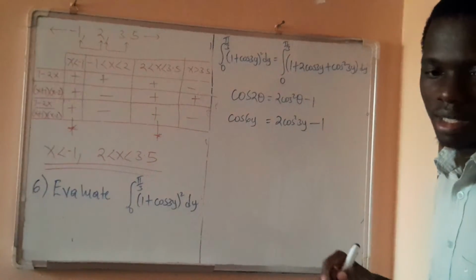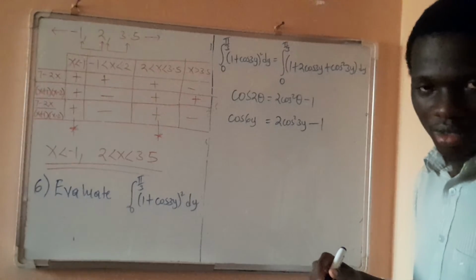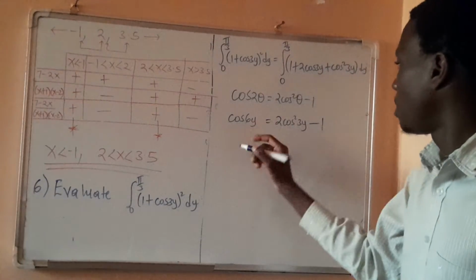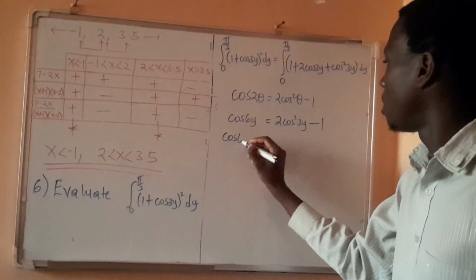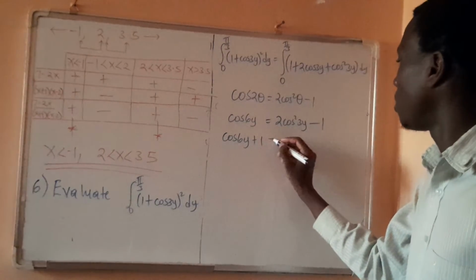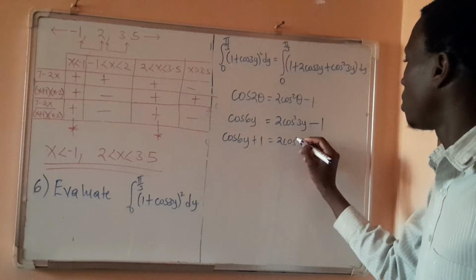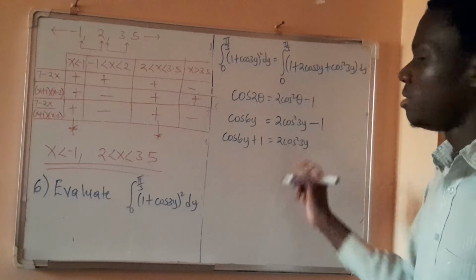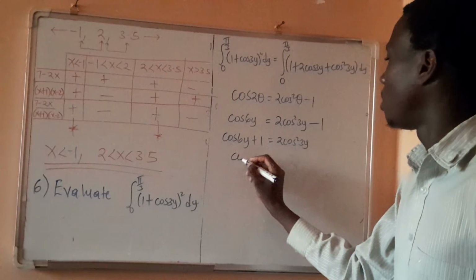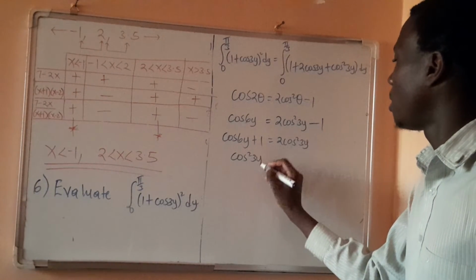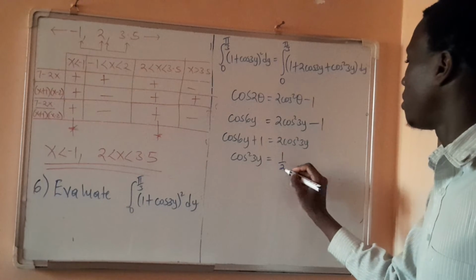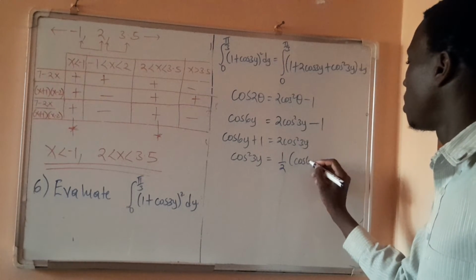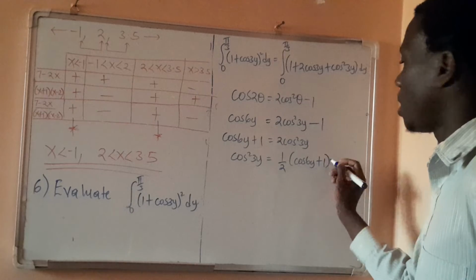Make this the subject. Bring 1 this side, we shall have cos 6y plus 1 equals 2 cos squared 3y. Divide both sides by 2. Cos squared 3y becomes a half of cos 6y plus 1.